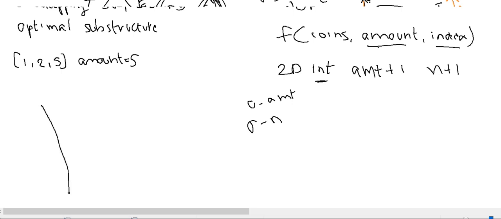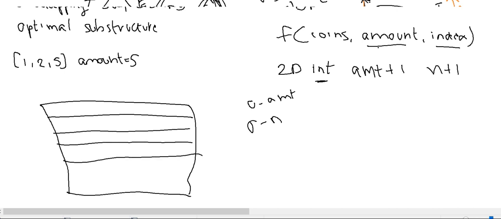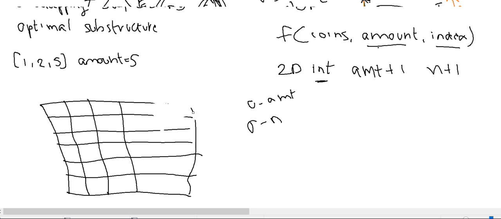Now since amount is equal to 5, 0, 1, 2, 3, 4, 5, index 0, 1, 2 and 3. I made a big table. Let me erase it. I don't need this big table.